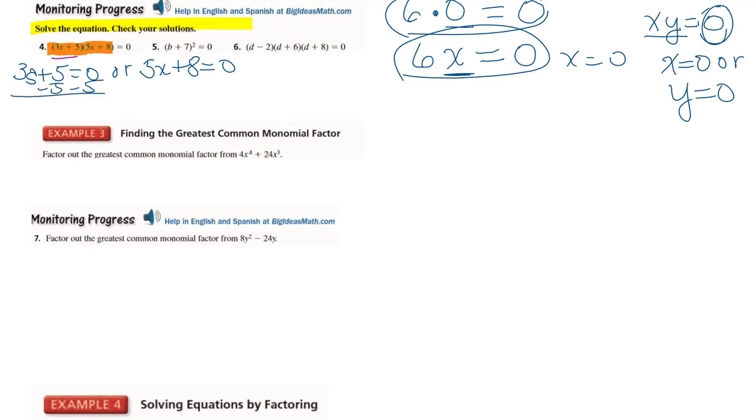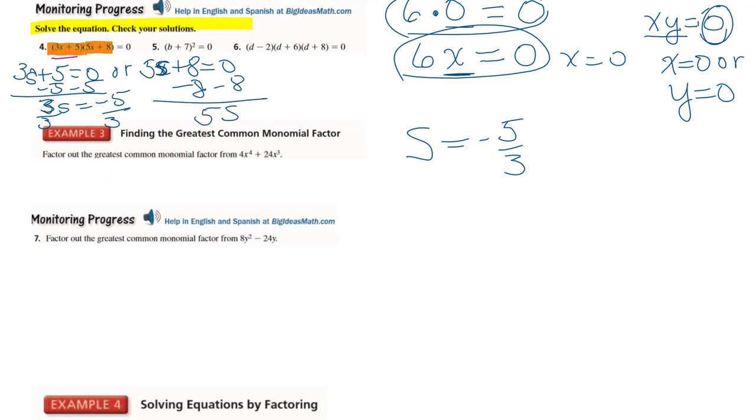And I know that Mrs. Corbley said sometimes you're going to get fractions, and that's fine. So there's one answer. One thing we know is s could be -5/3, and solving the other one, dividing by 5, my other s could be -8/5.